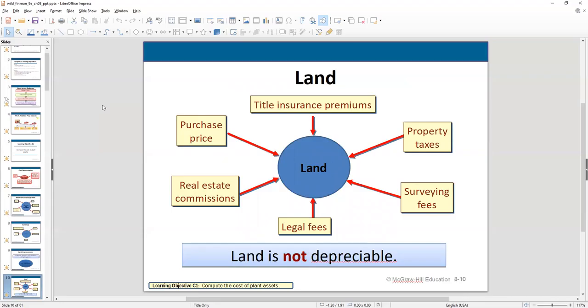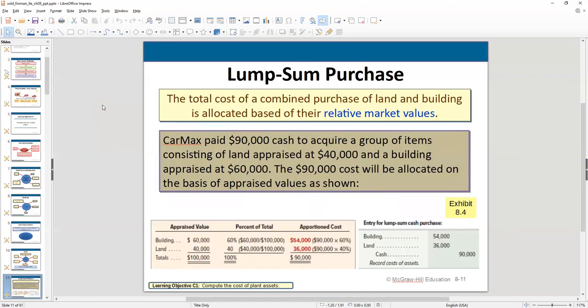Because usually when you buy a property with a building on it, it's land and building combined. So we have to come up with some way of determining how to back out the land cost. The land is still carried on the books. It's just not depreciated every year like the building would be. By the way, commercial buildings are 39 years. Residential rental properties, 27.5 years. See, the IRS has a life for everything.